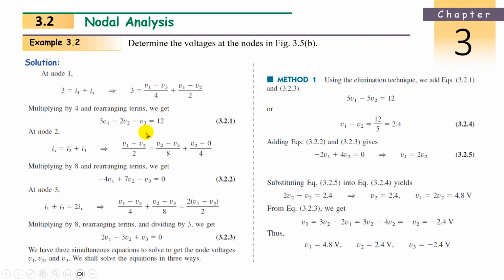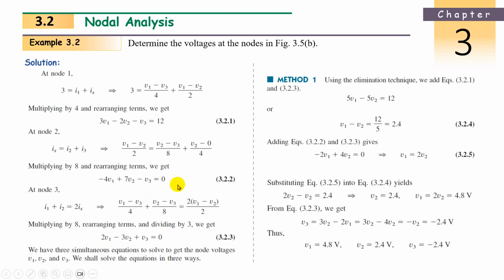One equation. Then, at node 2, Ix equals I2 plus I3. Now rearrange everything: minus 4V1 plus 7V2 minus V3 equal to 0. At node 3, I1 plus I2 is equal to 2Ix. Now substitute 2Ix: 2 times V1 minus V2 divided by 2, the 2 will cancel. Rearrange this: 2V1 minus 3V2 plus V3 is equal to 0.